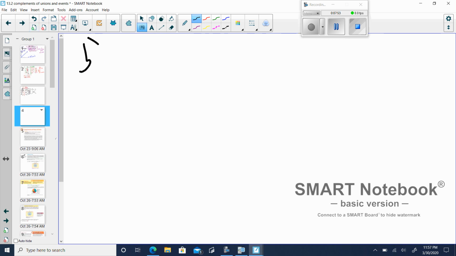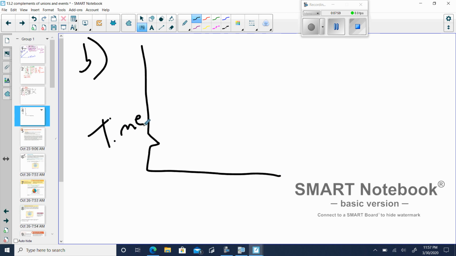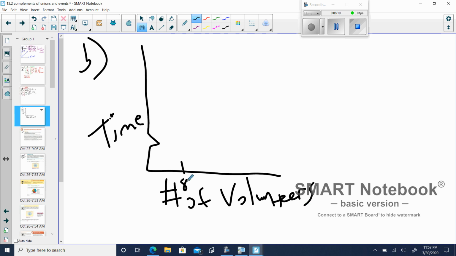All right, what about B? Well, we have ourselves a graph, and we're looking at time in minutes on the y-axis versus number of volunteers on the x-axis. It looks like we have 8 and 80. Don't know if we can draw any conclusions from that.